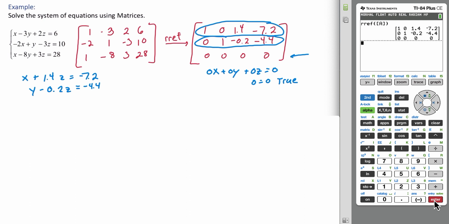From here, we want to rewrite those in terms of the same variable. So we can rewrite x in terms of z and rewrite y in terms of z.